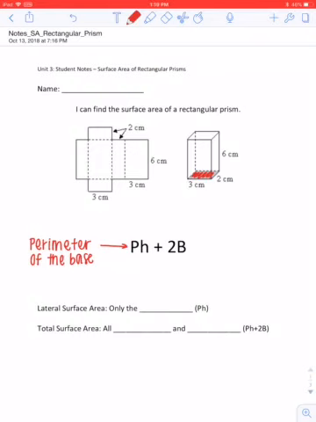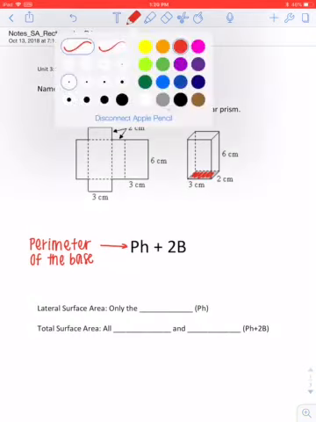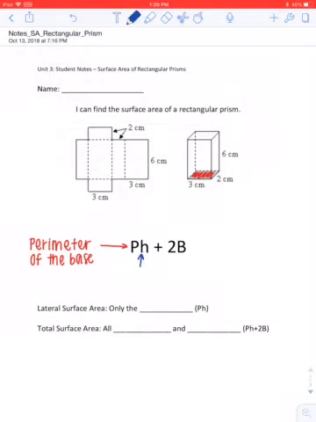The H means the height of the prism. That is the distance between the two bases.